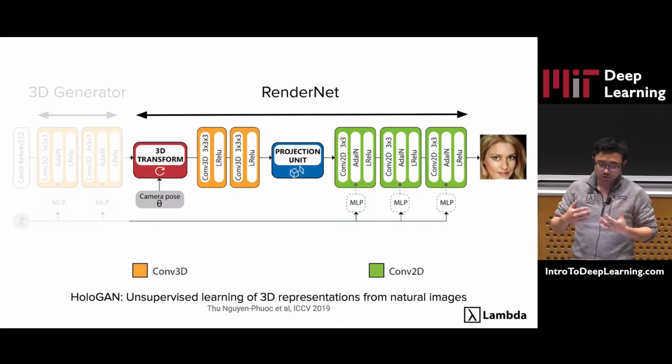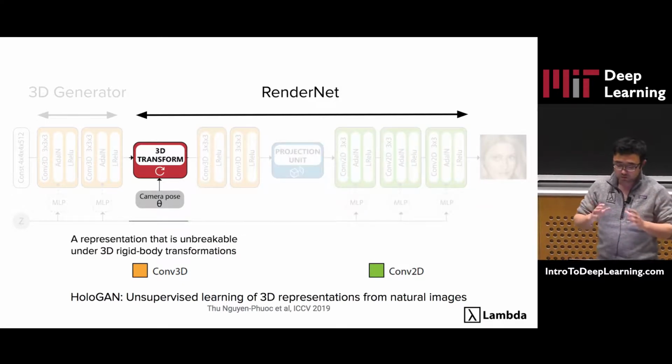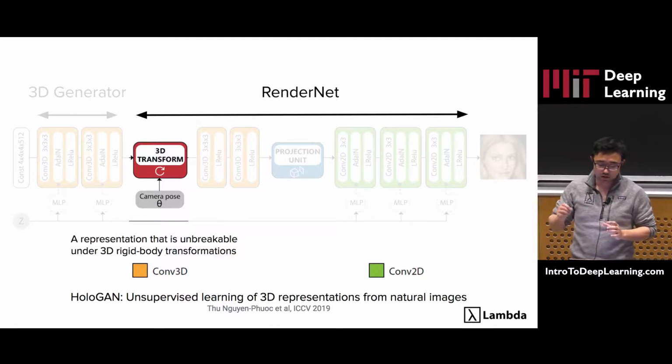The generated learned 3D voxel representation is, as I said before, going to be rendered by RenderNet. And then in order to train this network in an unsupervised way, we use a discriminator network to classify the rendered image against real-world images. The key here is that it is crucially important that during the training process, we apply random rigid body transformations onto this voxel representation.